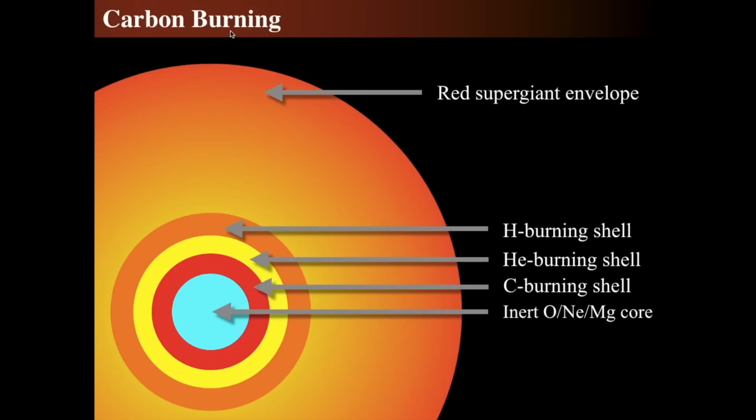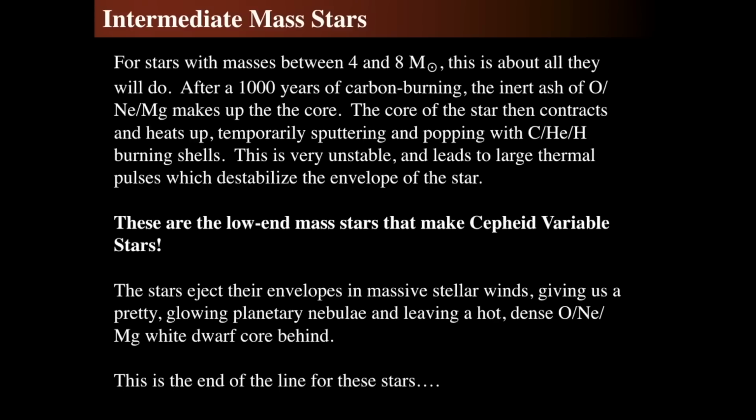So the hydrogen burning shell makes helium, which descends into the helium burning shell, which makes carbon, which descends into the carbon burning shell, which creates oxygen, neon, and magnesium, which descends below. And all above is the supergiant envelope, which is very, very unstable. It's puffing off its outer layers, just like we saw initially with Betelgeuse puffing itself apart, because the interior is an extremely violent place.